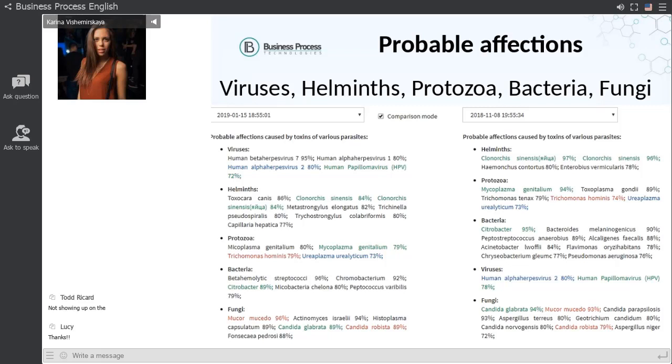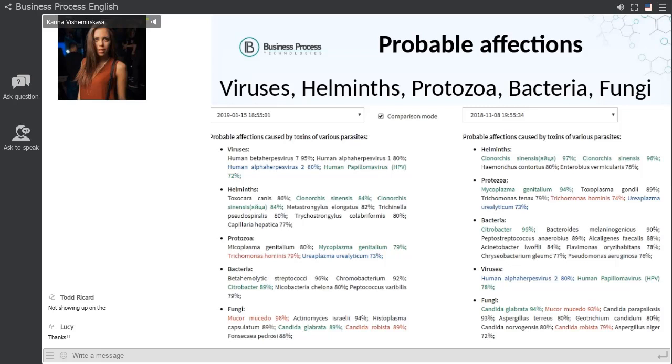On the right side, we have the comparison mode with the other test, which was made in November. The left one was made in January and the right one was made in November. And if you pay attention, there are different colors: green, blue, red. So what does it mean?